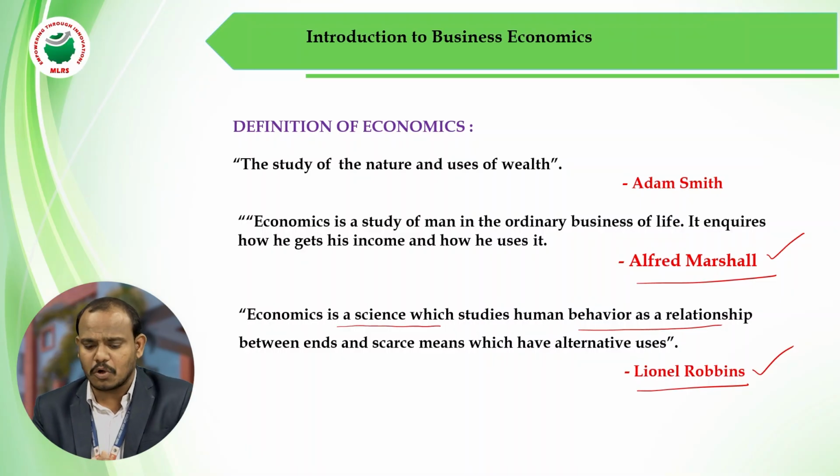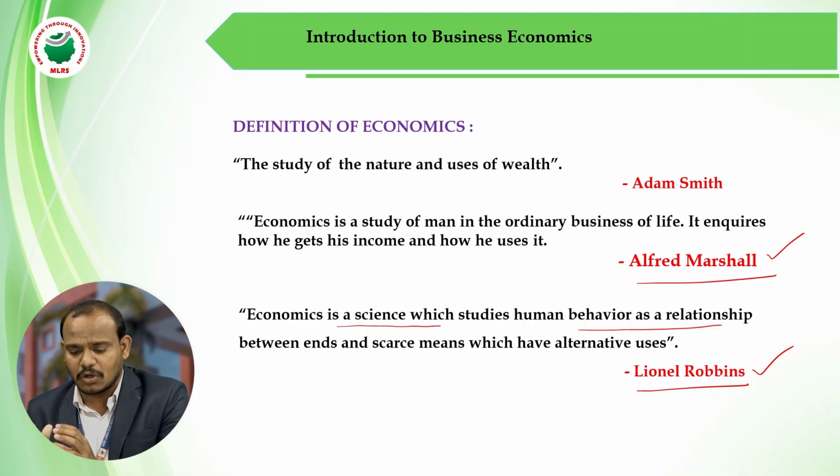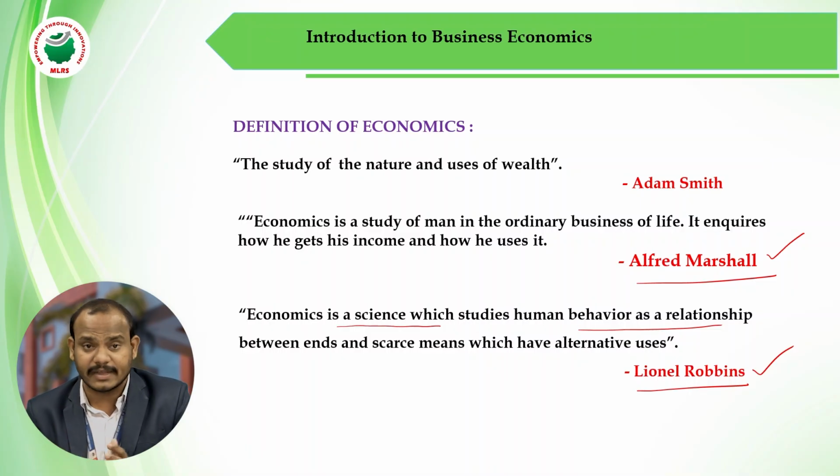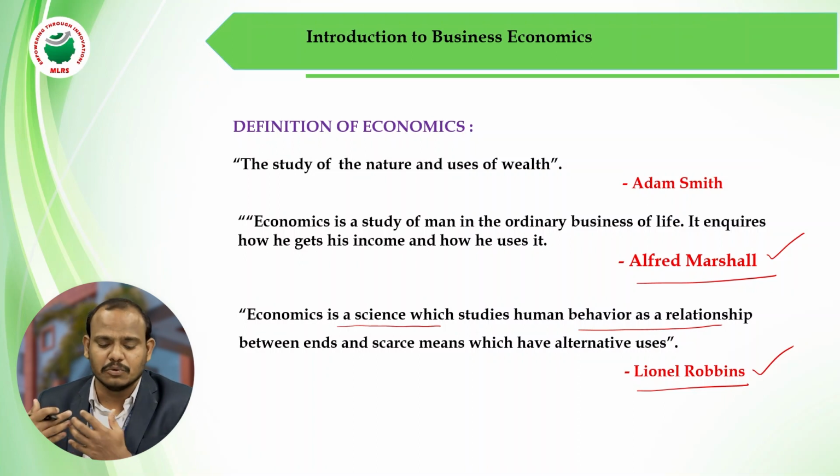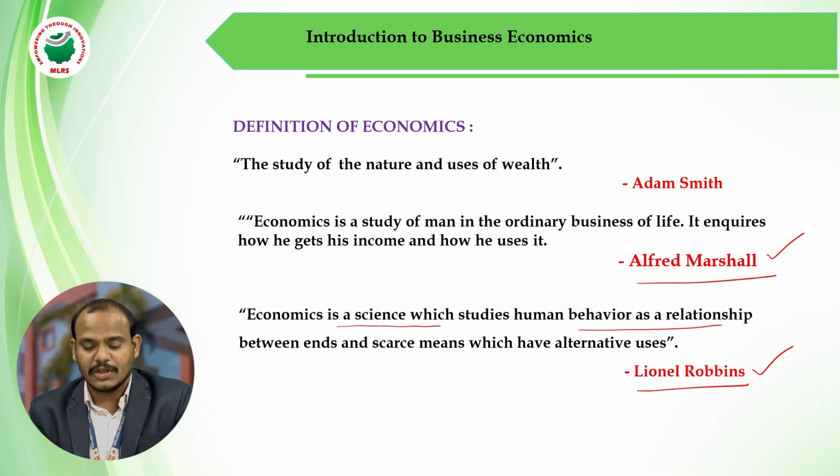Robbins is telling us that economics is not just about wealth or income. It is fundamentally about how people make choices, because resources are limited or scarce, and because these resources can be used in different ways.